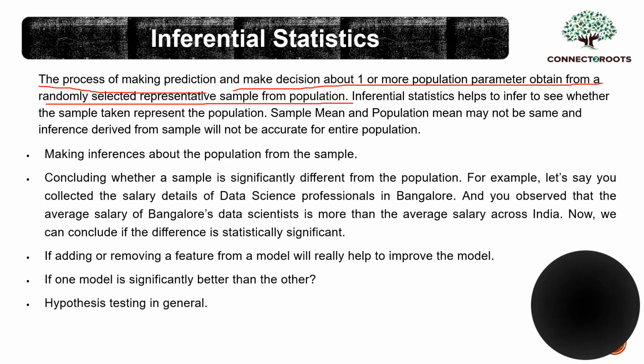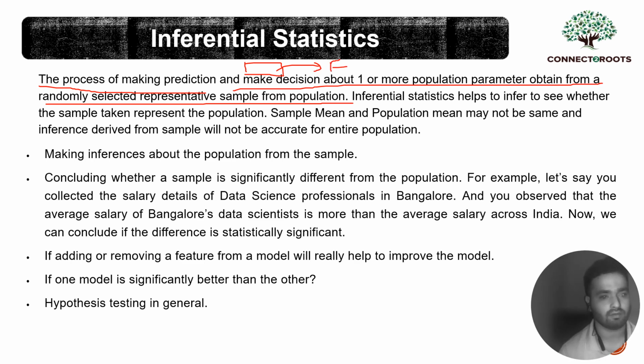Suppose we want to know how many females are educated. So we are randomly taking one parameter, that is education, and one is gender. So from a population, we want to predict. This can be done with the help of inferential statistics.